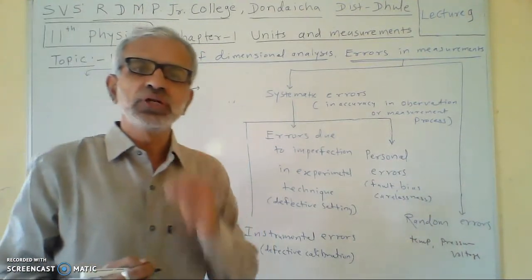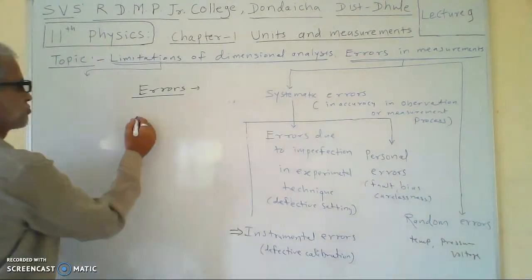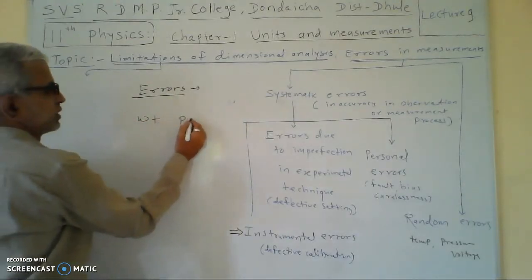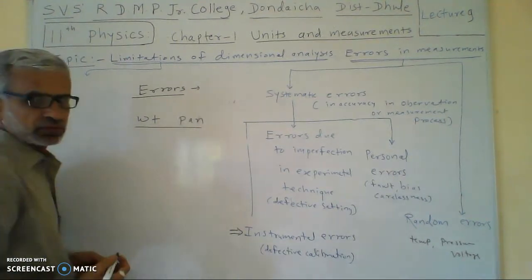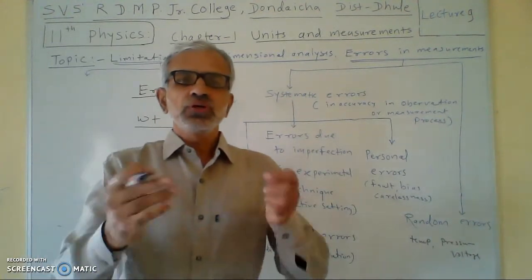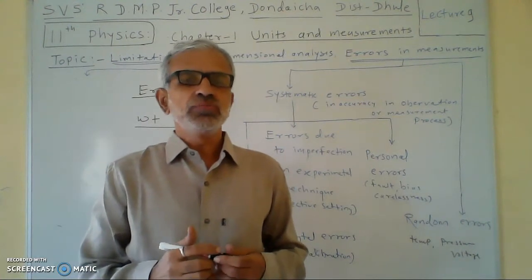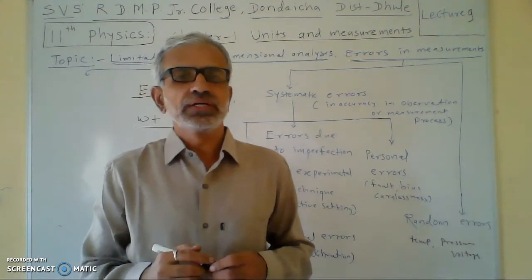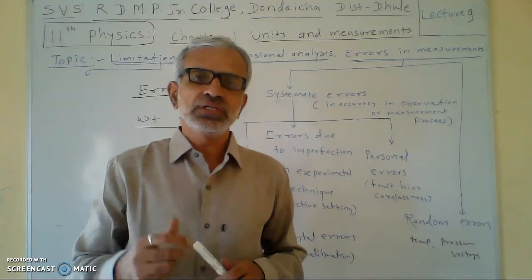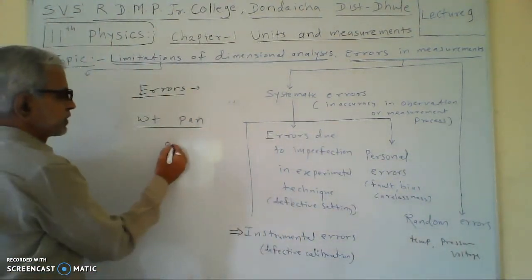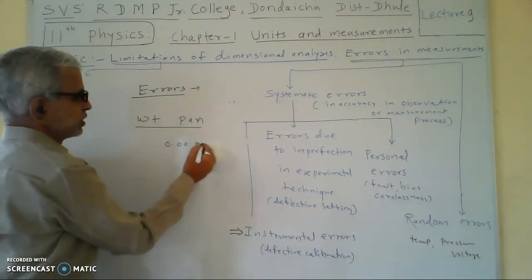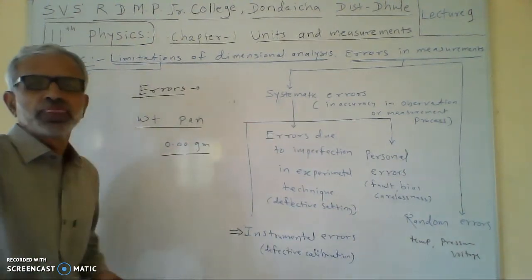in laboratory we use a weighing pan. It is used to measure the weight, and before measuring the weight of the object or the body, we make sure that this balance shows 0 gram.